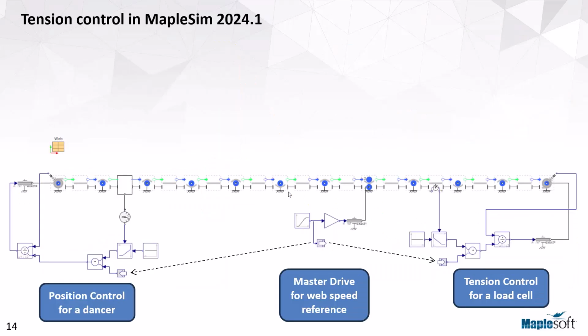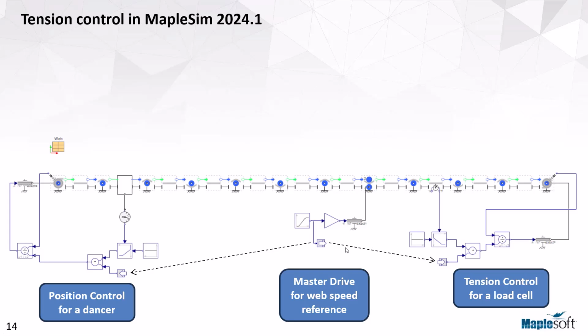Before this release, the way to do this is to insert components from our signal blocks library to implement the controller. You can see here this component is a PID controller, for example, and all of these blue components came from the signal blocks library.